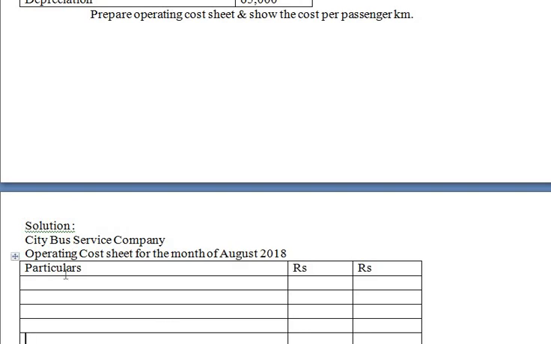Now, as you all know, an operating cost sheet is divided into 3 parts. The first part is fixed or standing charges.